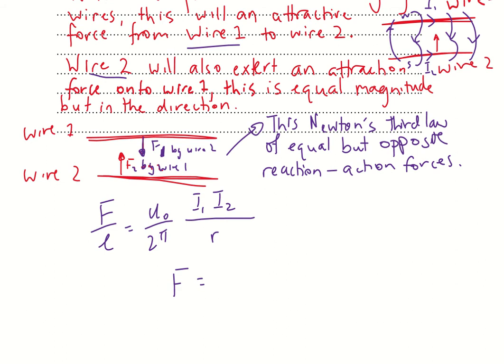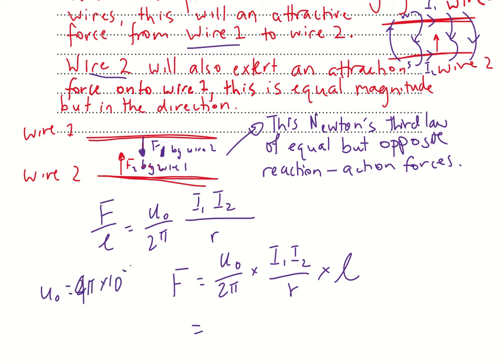So the force, if I rearrange everything, is written like this. Now I know that mu naught is 4 pi times 10 to the minus 7. So if you substitute that with 2 pi, you're left with 2 times 10 to the minus 7.